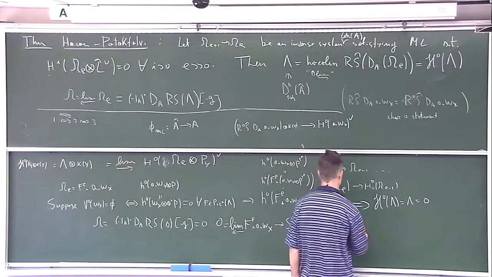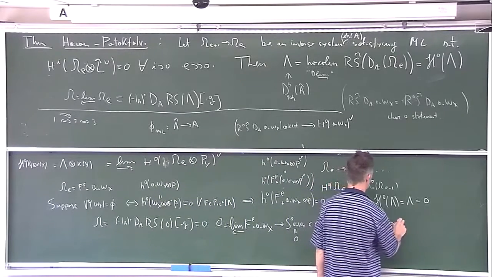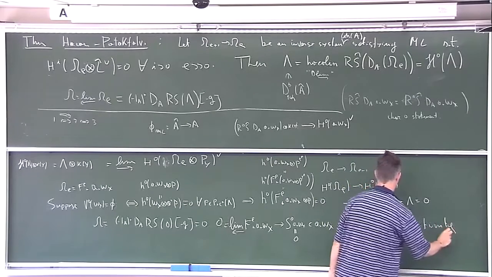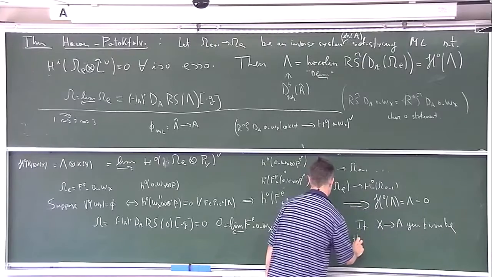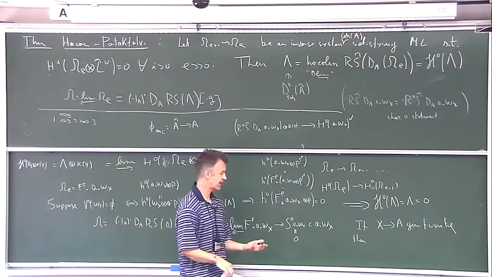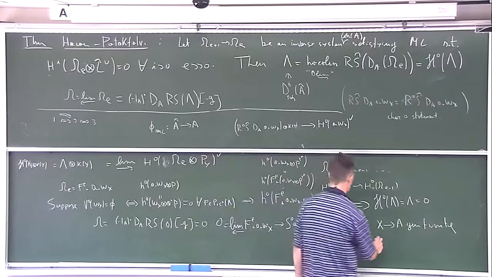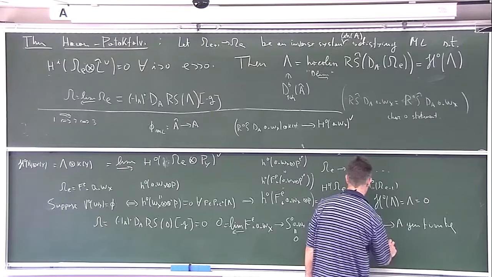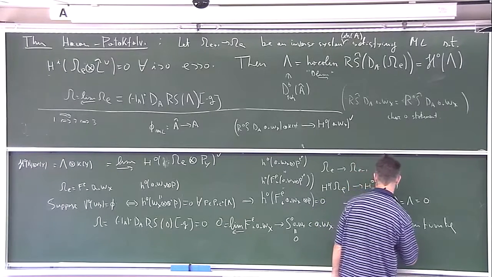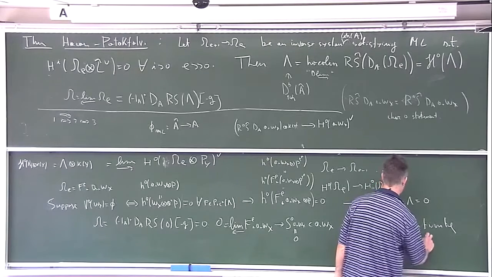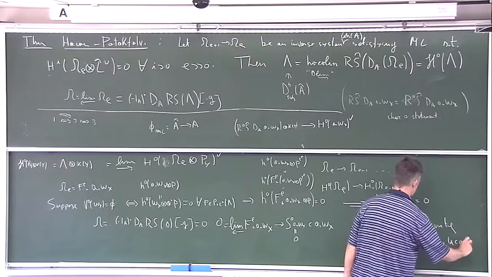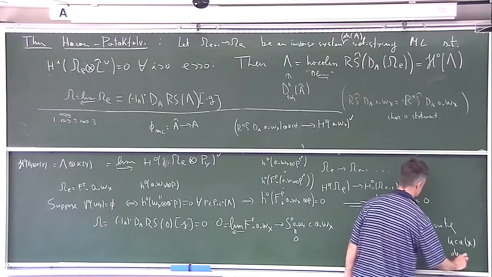If x to A is generically finite onto its image, then there's an open subset on which S0 A low star omega x is equal to A low star omega x, let's say restricted to U, where U contained in A of x is a dense open set.